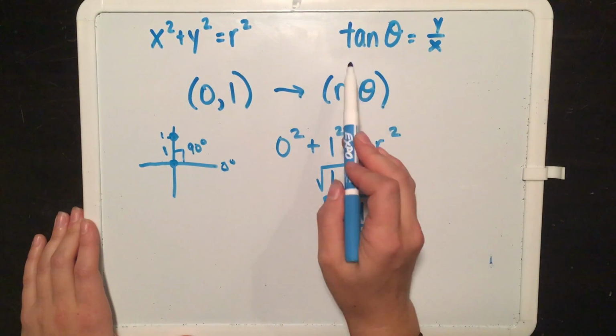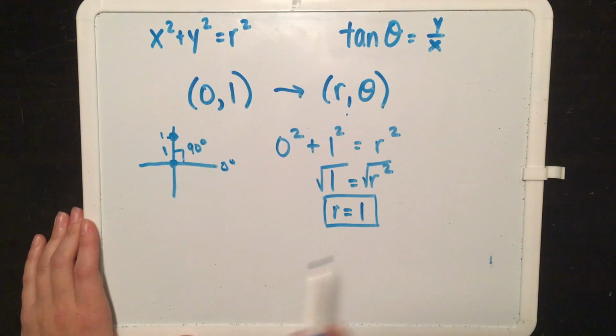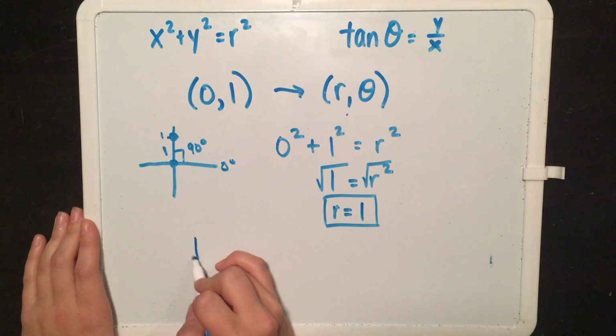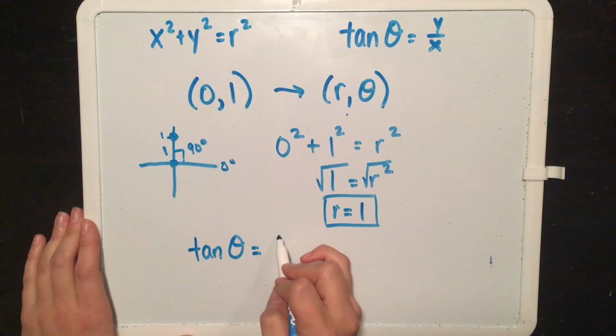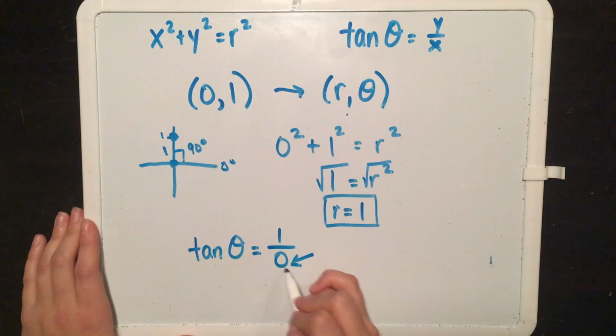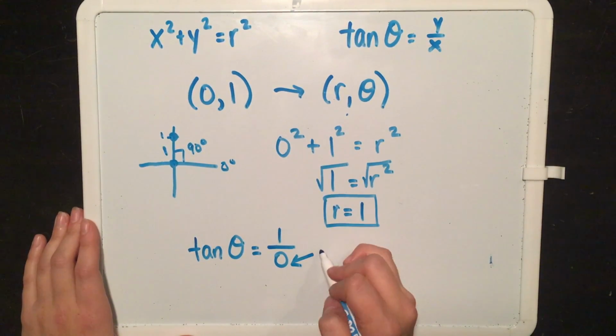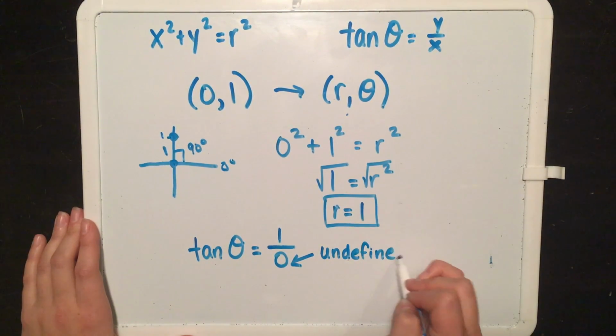We're also going to use the tangent function in order to find the theta that we're looking for here, using y and x. Tan of theta equals y, which is 1, over x, which is 0. But we can't have a 0 in the denominator, so this tangent is going to be undefined.